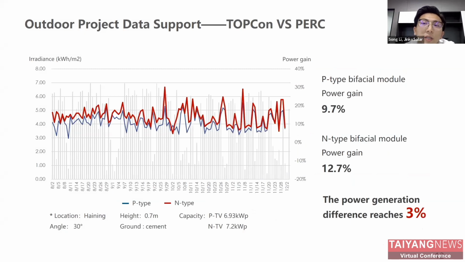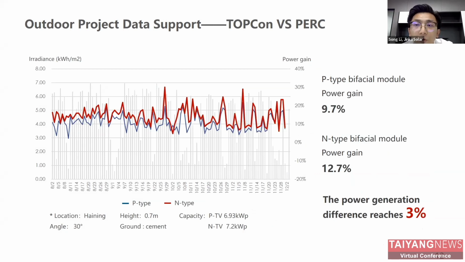Of course, besides the above theoretical analysis, we also have a field test report to support this generation gain. The data shows the module comparison in Haining, China, with the same specification P-type modules as the baseline.